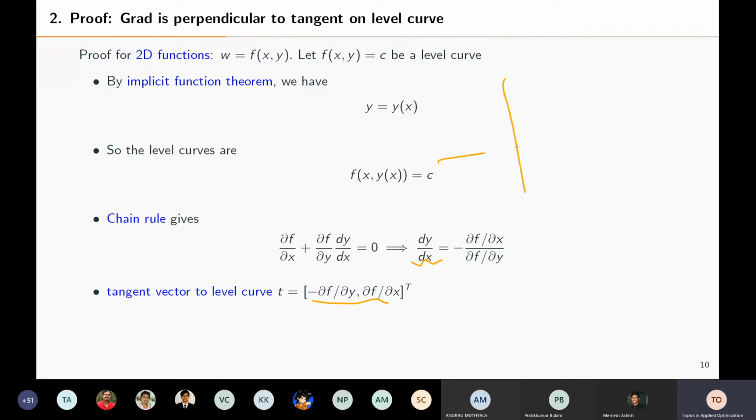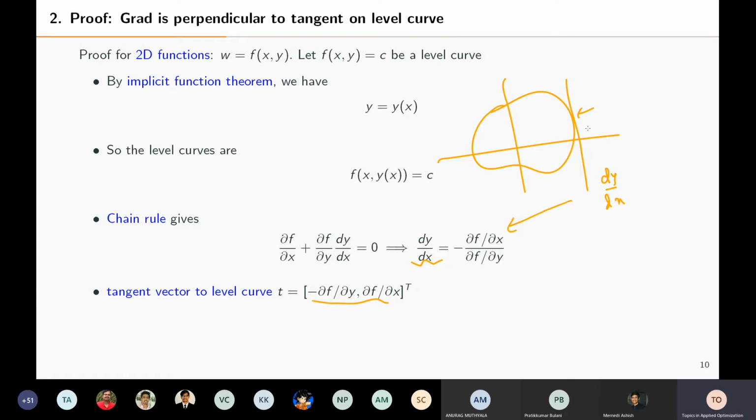See, this is the level curve I have, and there is some point here, x and y, and the tangent here is nothing but dy by dx. So this is the tangent, and the slope of this is given by dy by dx, the slope that we found here.